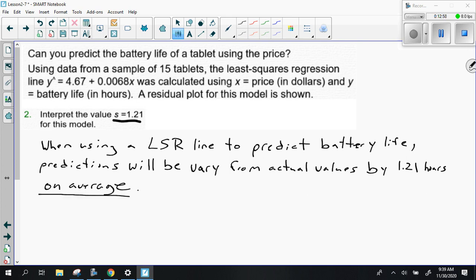This is on average how far off they are. It's not how far off they're going to be. Just an average of each predicted value's distance from the actual value. Well, that's how you would write that. So when using a least squares regression line to predict battery life, predictions will vary from actual values by 1.2 hours on average. Gotta say on average.